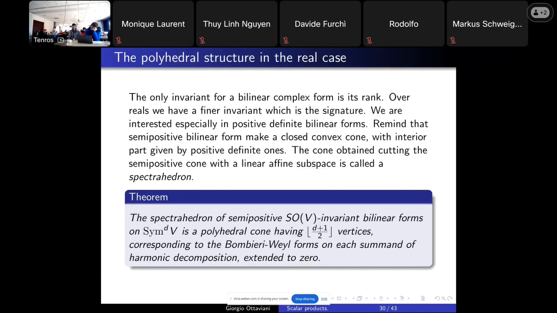It's a cone in this way, and the edges just correspond to the summands of the orthogonal decomposition. So they are degenerate, and Bombieri lies in the interior, because it's not degenerate.